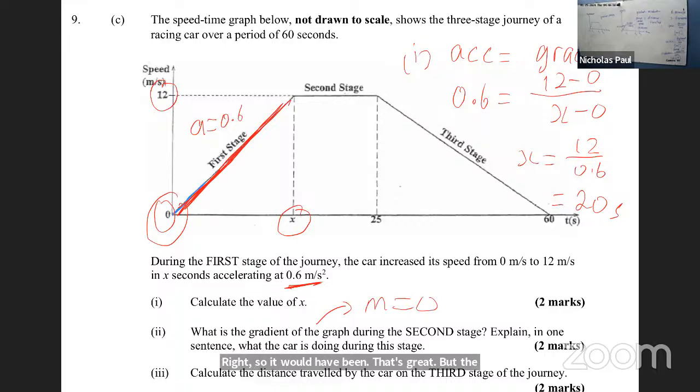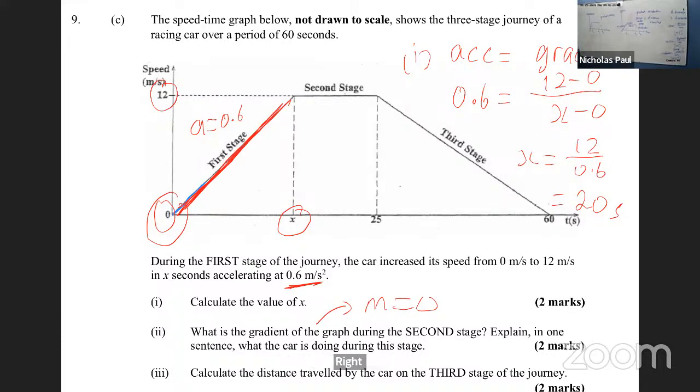Explain in one sentence what the car is doing during this stage. On the velocity time graph, the object is moving with constant speed and no acceleration. So write that down.